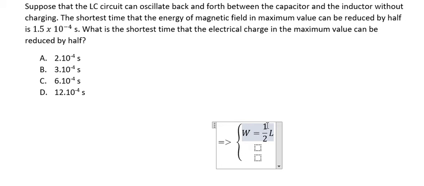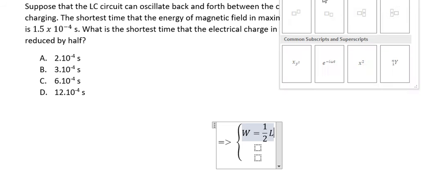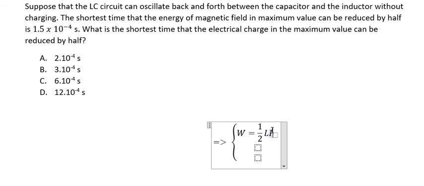That is 1/2 multiplied by L multiplied by I naught squared. So this is the first formula.